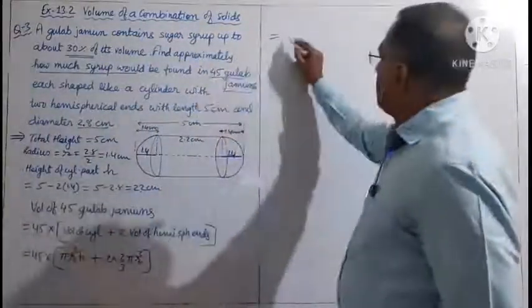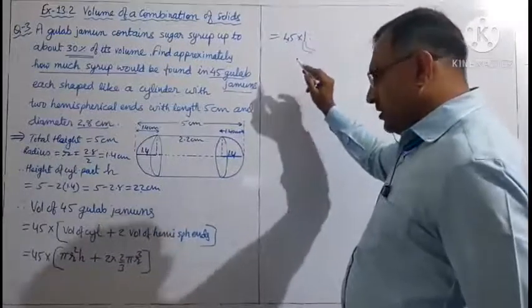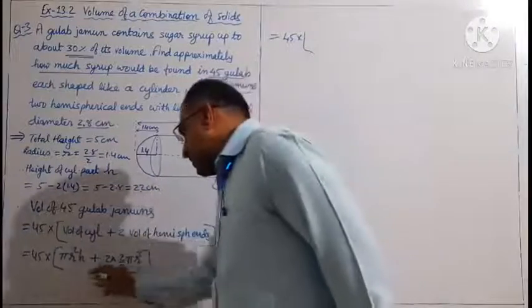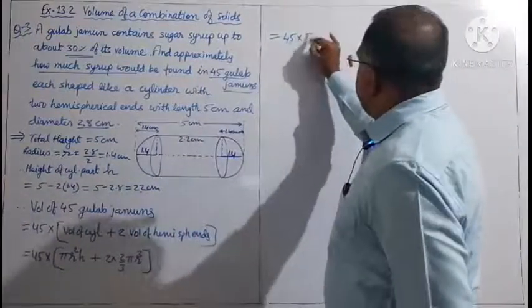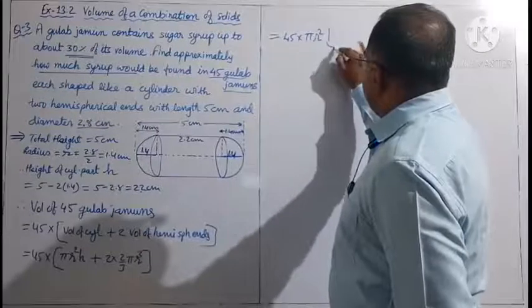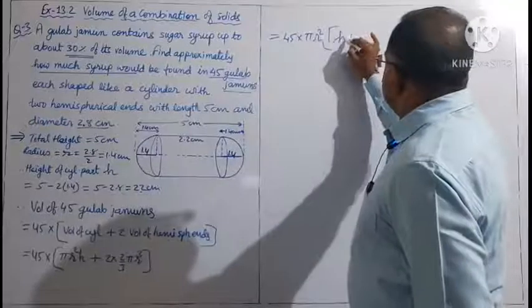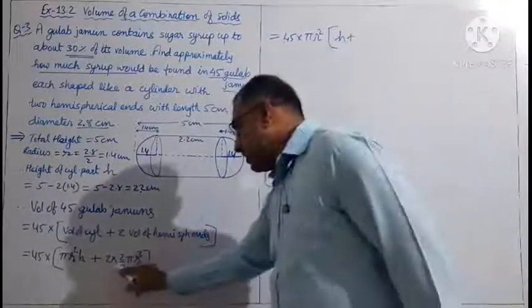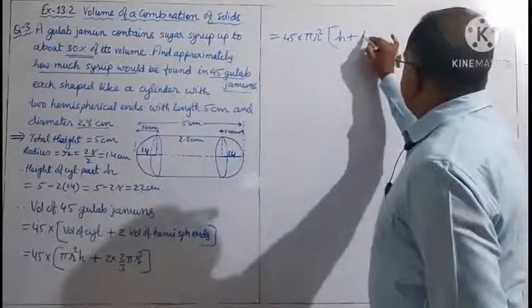So thus we will get 45 multiplied by, in bracket, we can take pi r square common. So pi r square common. Now in bracket what is left? The height h, plus another bracket, 2 times 2 by 3 is 4 by 3 r.